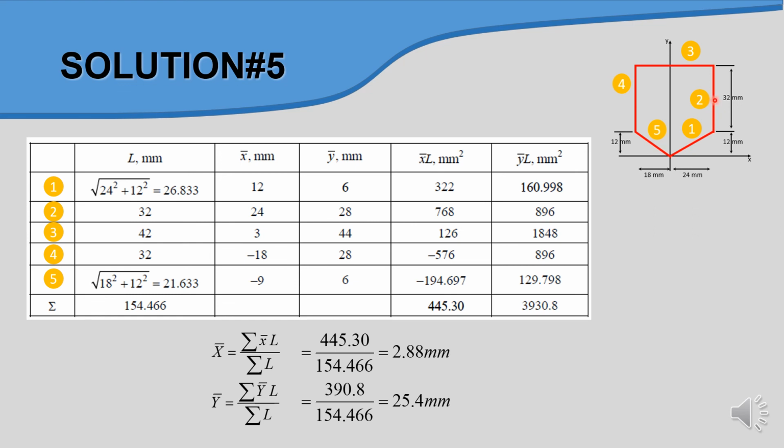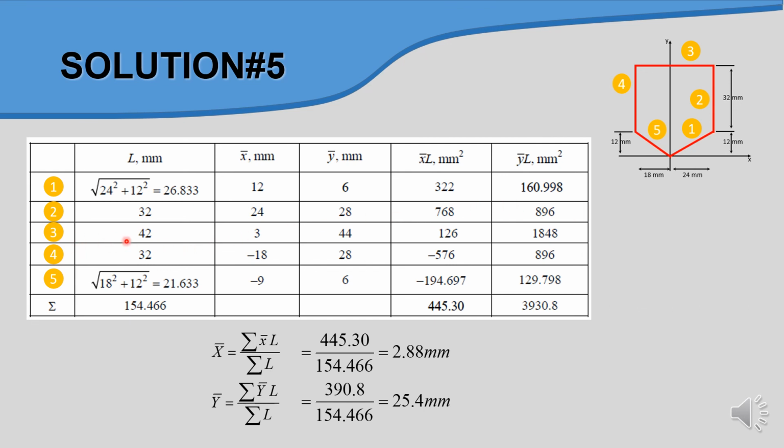The wire is in the coordinate system, so you need to take into account this height of 12. So 16 plus 12 is 28 for the y value, and for the x value the position from here to here is 24. And you calculate this x bar L, y bar L.